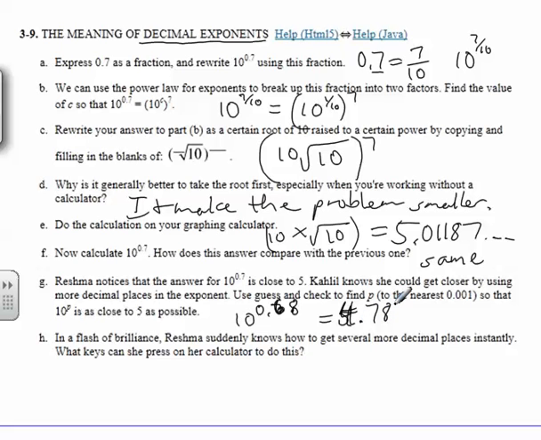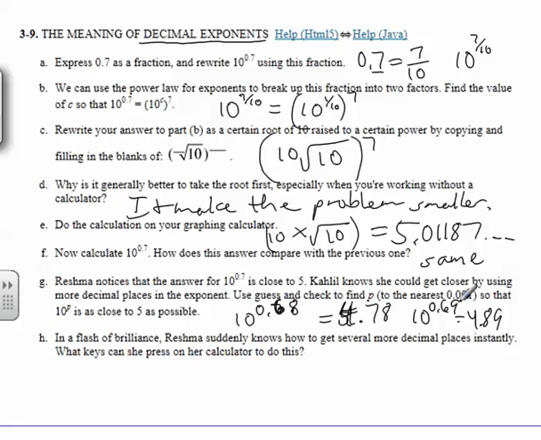Okay, so this is too small. So let's change this now to 0.69 and see how close we get. So 10 to the power of 0.69. All right, that's a little bit closer, 4.8977. Okay, so we need to go larger than that.